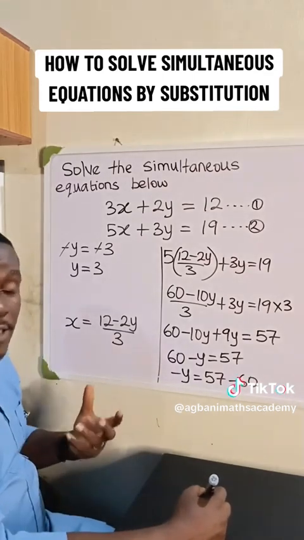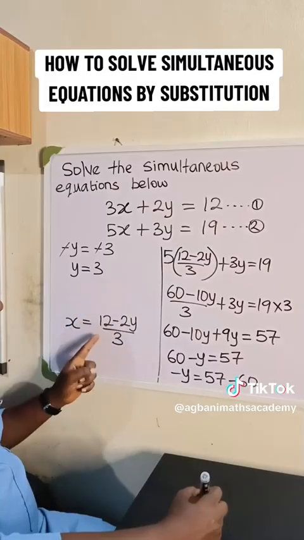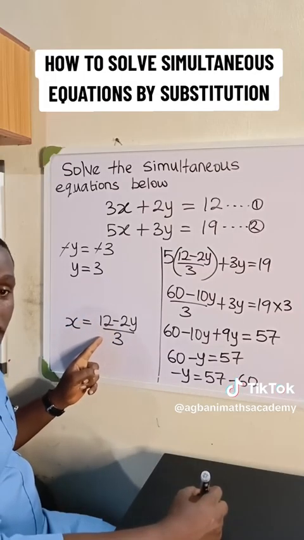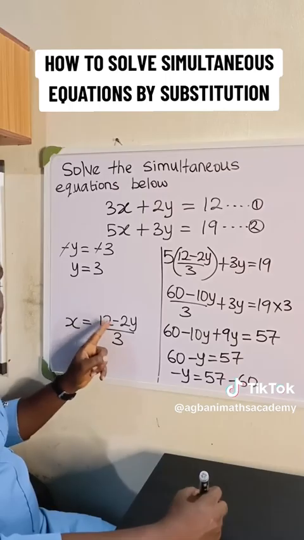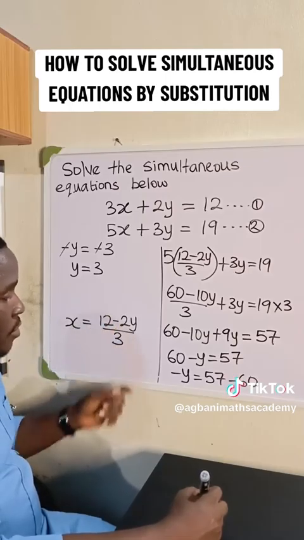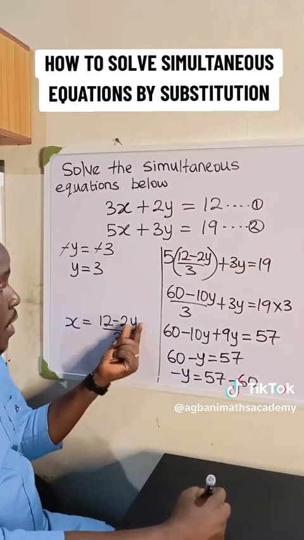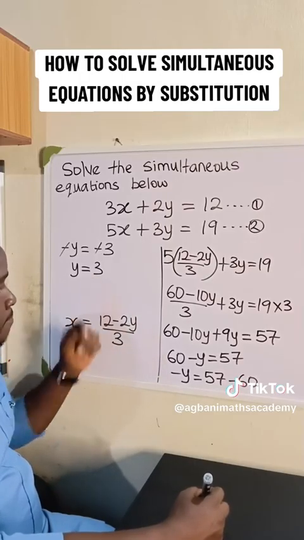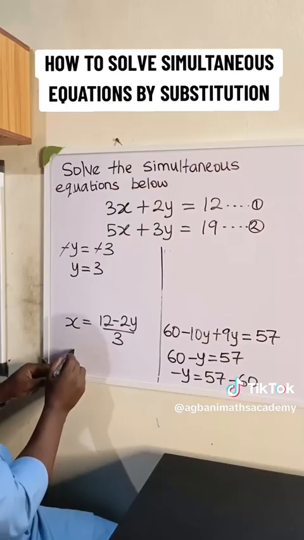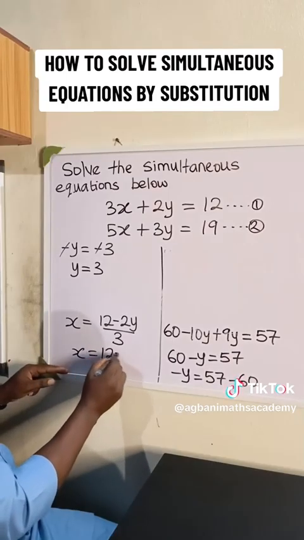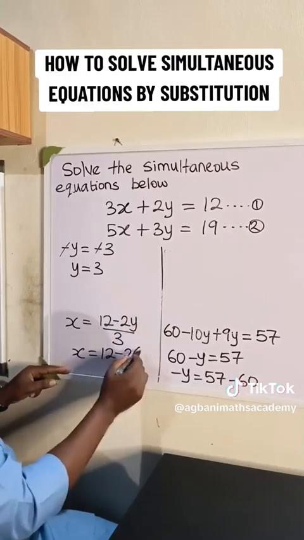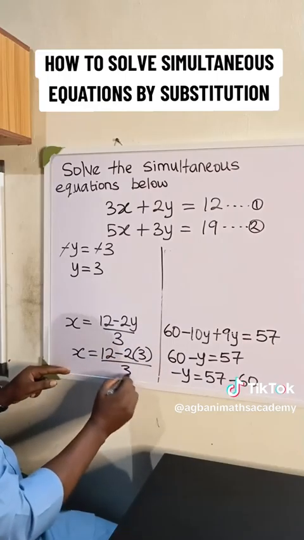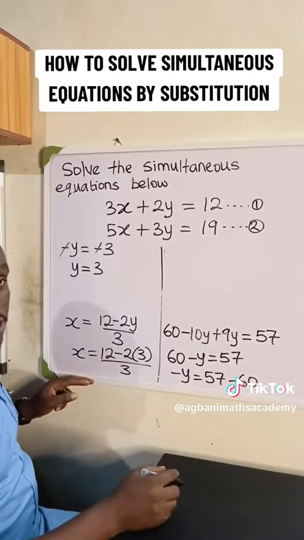For us to find the value of x, we need to substitute this value of y into this equation we have here. x is equal to 12 minus 2y all over 3. So what we are going to do is replace y with 3. So we're going to have x is equal to 12 minus 2 into y is 3 all over 3. 2 multiplied by 3 will give us 6.